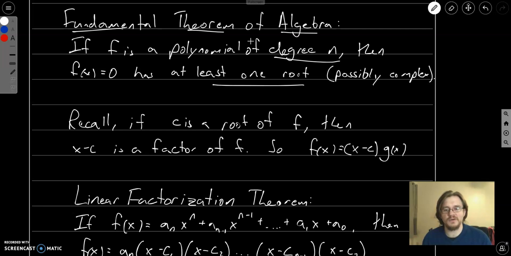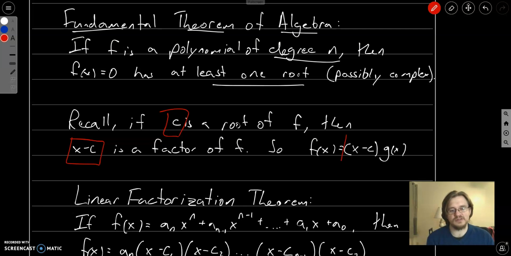So we know that it has at least one root. And from before, we know that if we can find one root, we can find a factor of the polynomial. And if we can factor the polynomial, we can split it apart. So if we split our polynomial into one factor and a second factor, this second factor is also a polynomial.